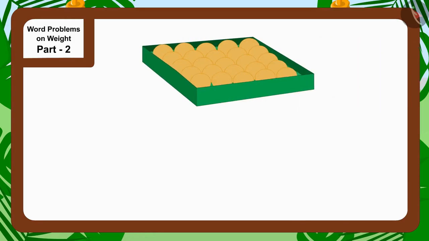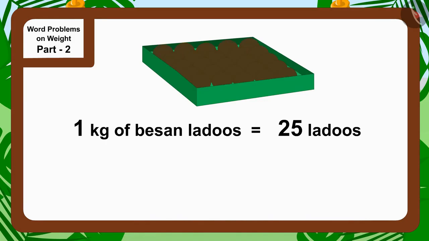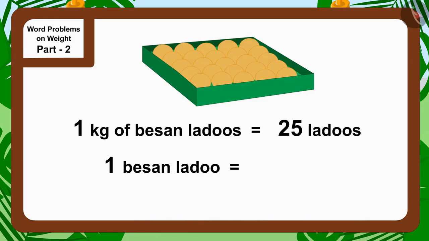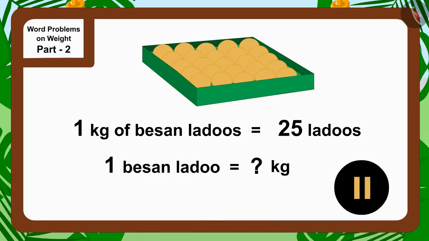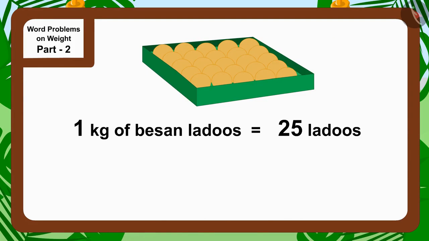Children, if there are 25 laddus in a kilogram of besan laddus, can you tell how much a besan laddu will weigh? If you want, you can stop the video and think about the answer. There are 25 laddus in 1 kilogram of besan laddus.